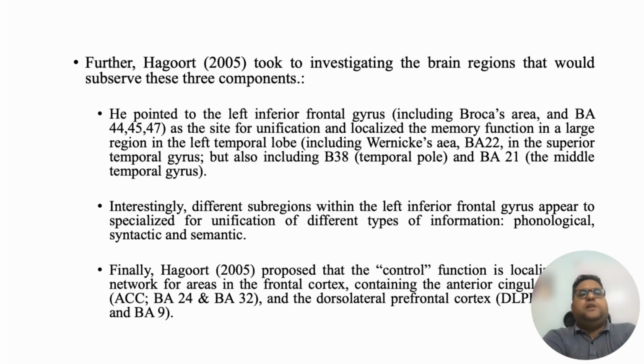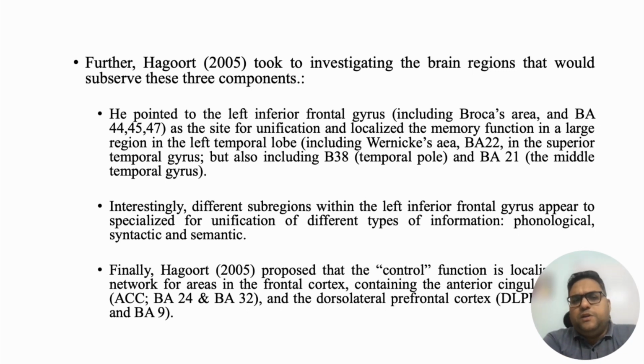Further, Hagoort tried to investigate the brain regions that would subserve these three hypothetical components: memory, unification, and control. He pointed to the left inferior frontal gyrus as the site for unification and localized the memory function in a large region in the left temporal lobe, also including Wernicke's area and Brodmann's areas 38 and 21.